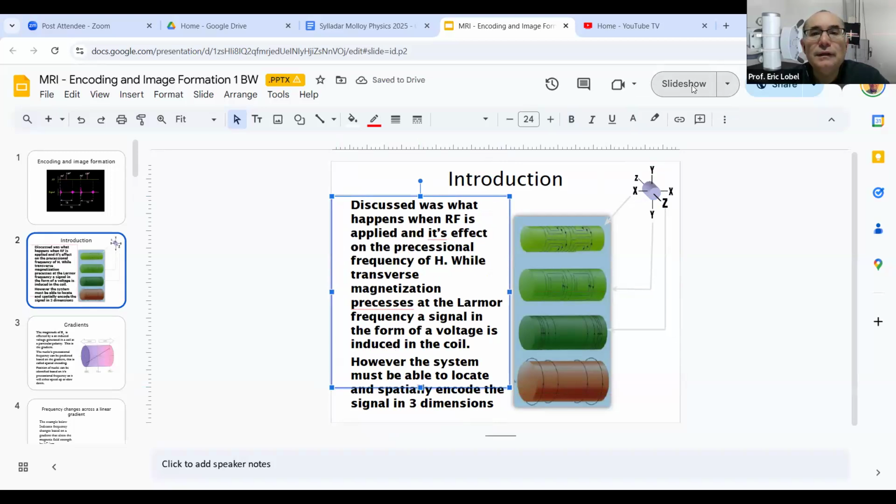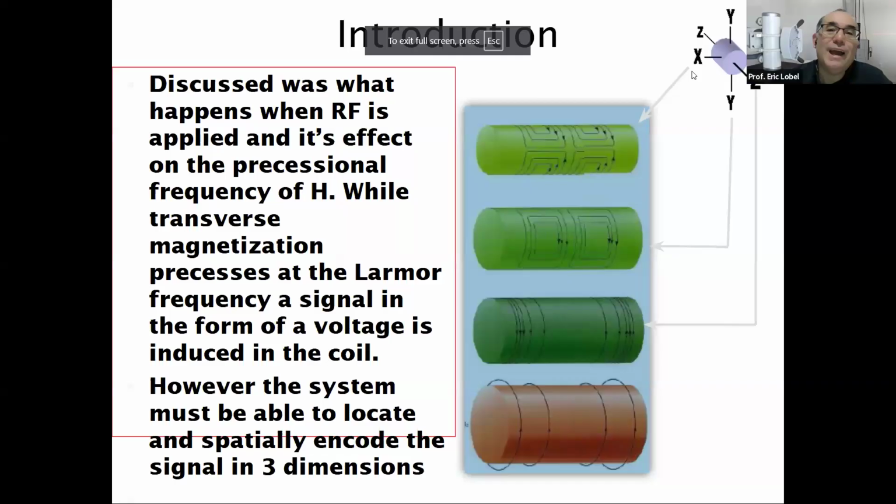That should be better. And in order to do what's known as spatial encoding, we need to make use of the gradients. If you'll remember from a previous lecture, the gradients all work the same way. They flow a current through some wires.